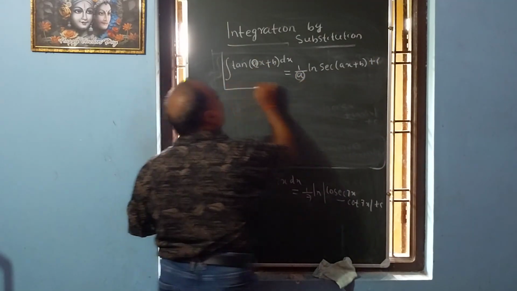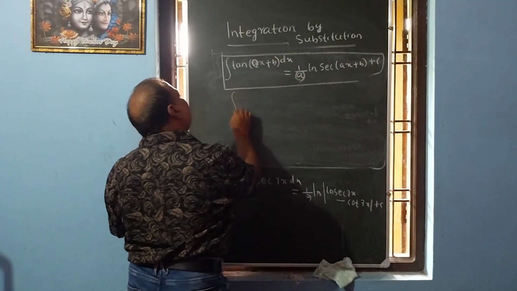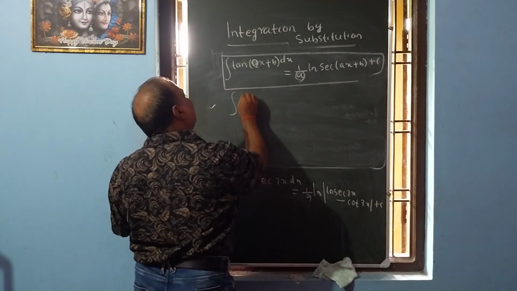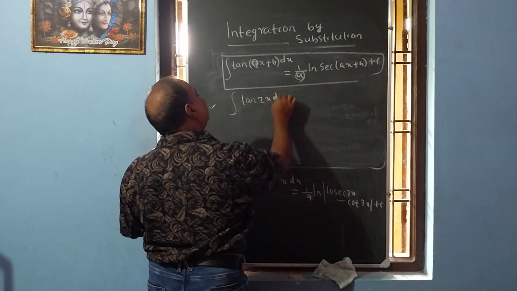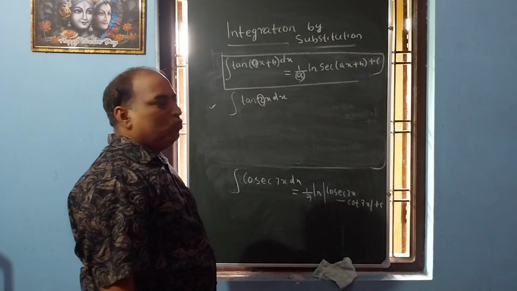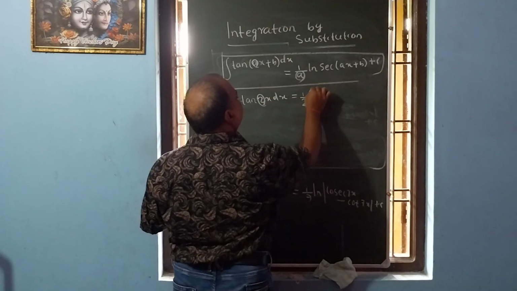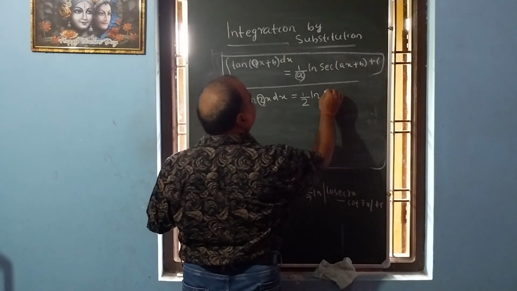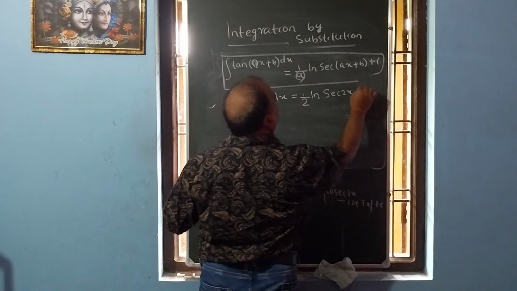This is the formula you have to remember. For example, integration of tan 2x dx. Here the coefficient of x is 2, so the result will be 1 by 2 ln sec 2x plus c.